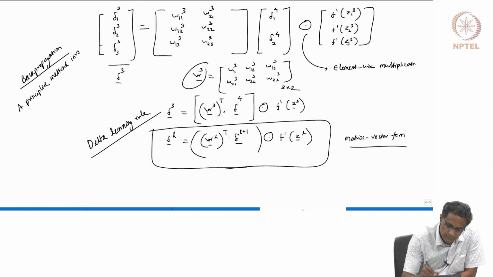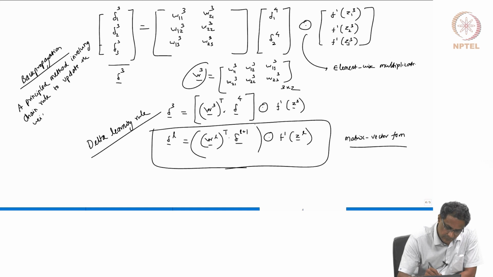involving chain rule, as you saw, to update the weights and the biases. When they say weights, I mean the biases also.